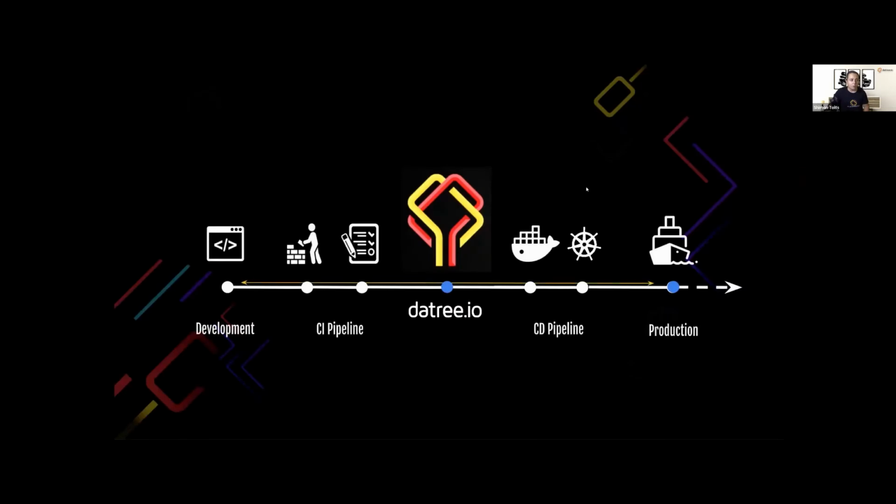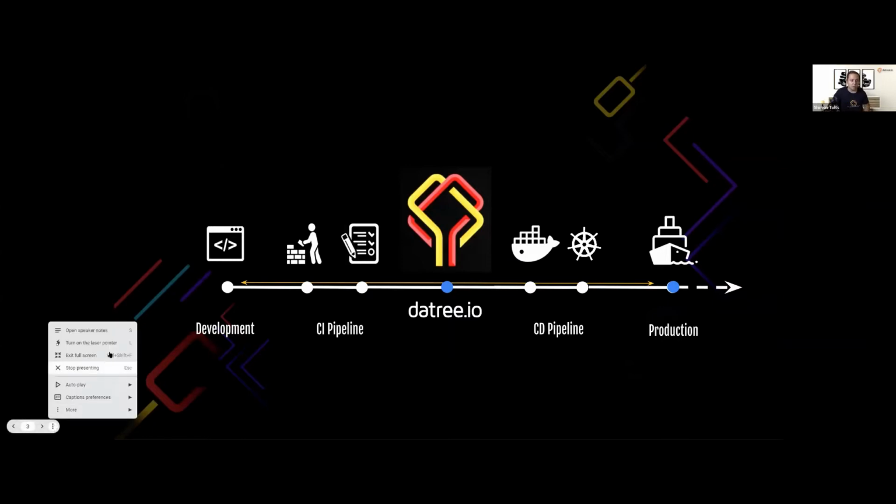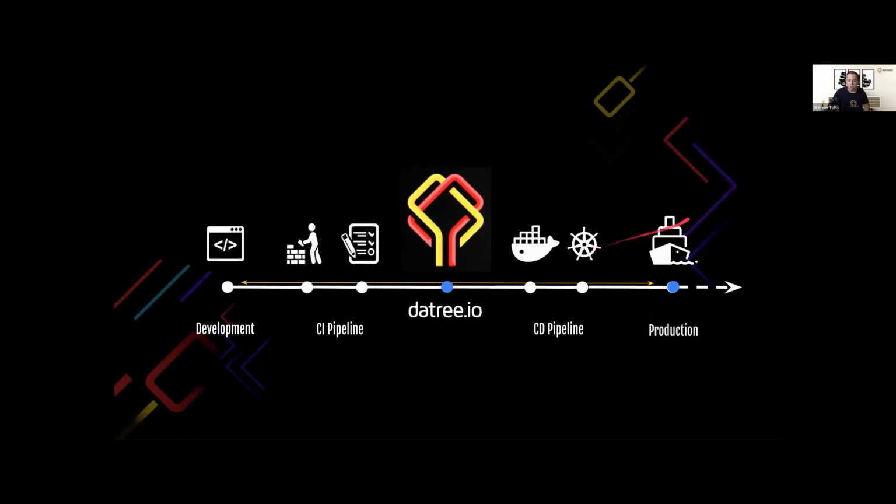So a little bit about Datree. In Datree, we help prevent misconfigurations in Kubernetes environments. And the way we do it is we integrate within the development workflow, and we sit before the production phase.